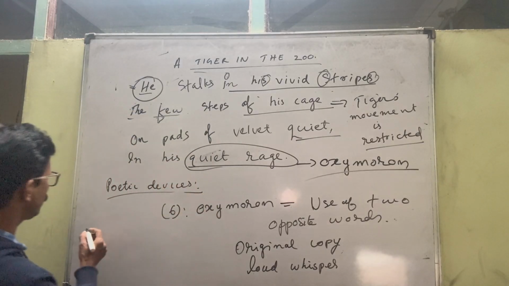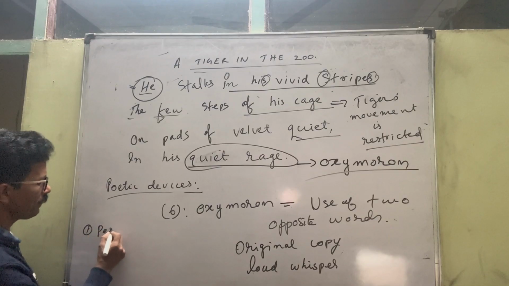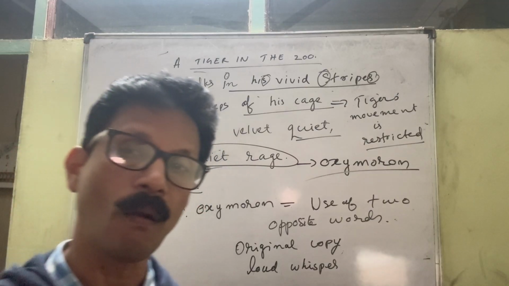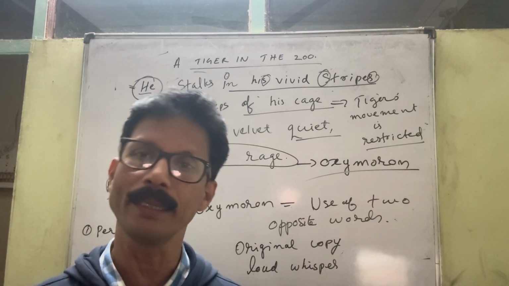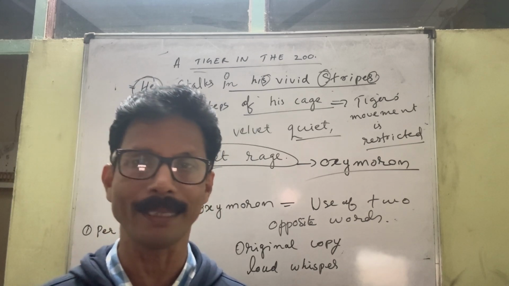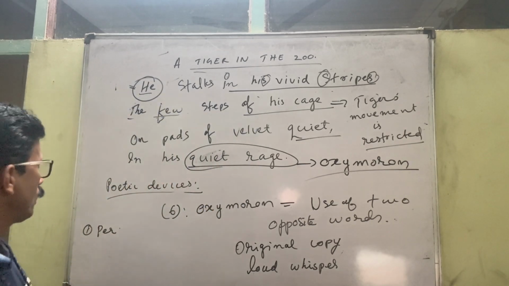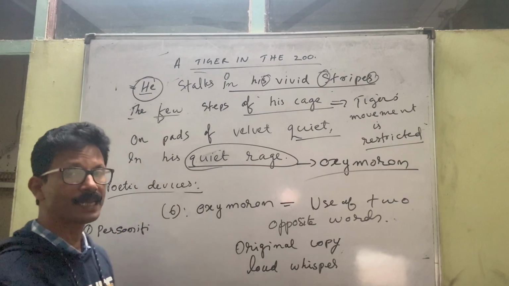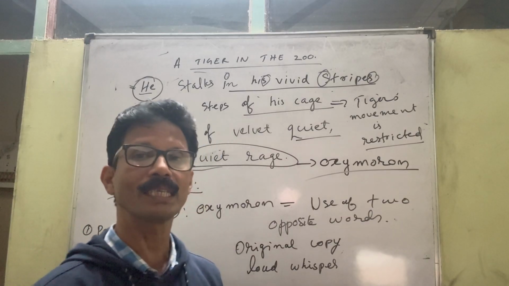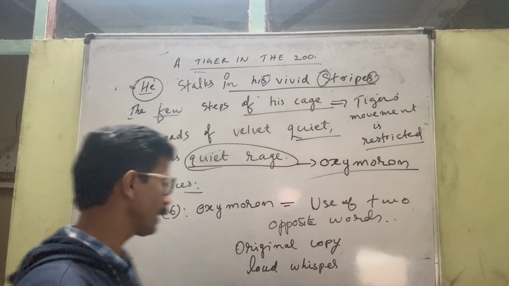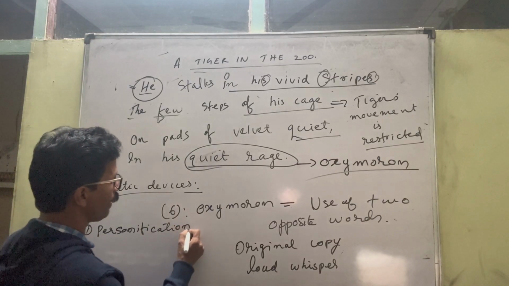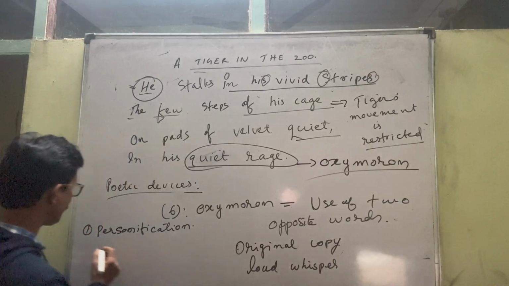The number one was personification. I will go for a recap of it, because the poet has called the tiger 'he'. By doing so, he has used the poetic device personification. If you haven't understood yet, from this recap you must understand what personification is and how the poet has used this poetic device here.